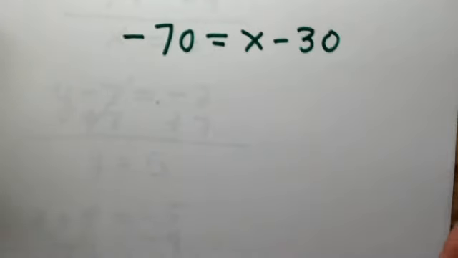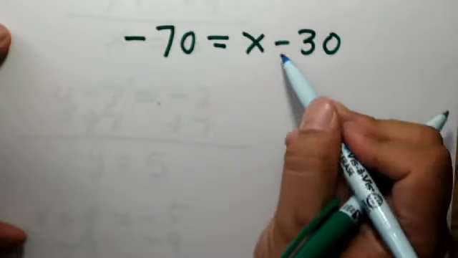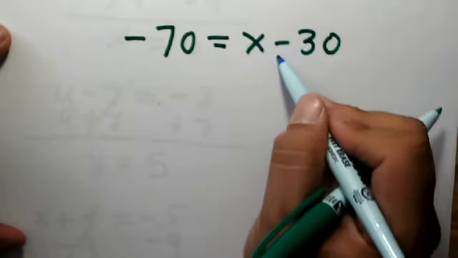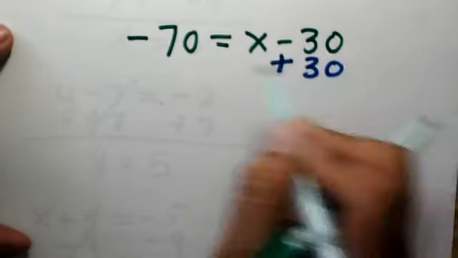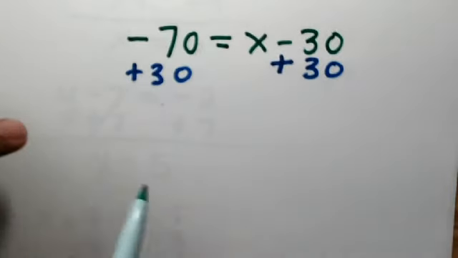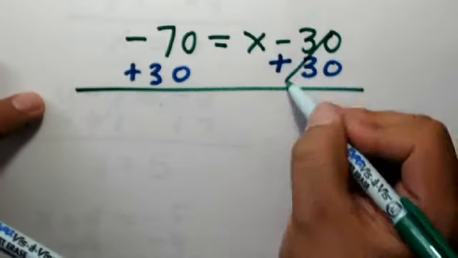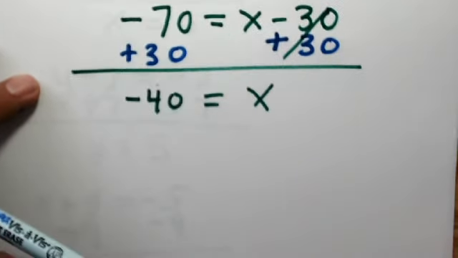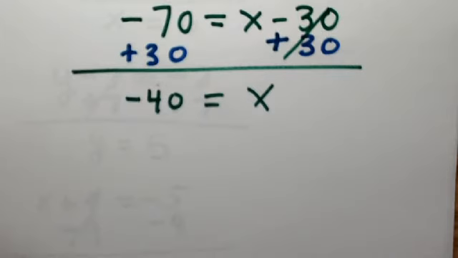Right. Now, what I will do is, since I'm subtracting 30 from the x, the opposite of subtracting 30 from the x is adding 30. Negative 70 plus 30 would be negative 40. Now, mentally, of course we could have done that, but once again, we're checking to see if you can apply these algebraic principles.